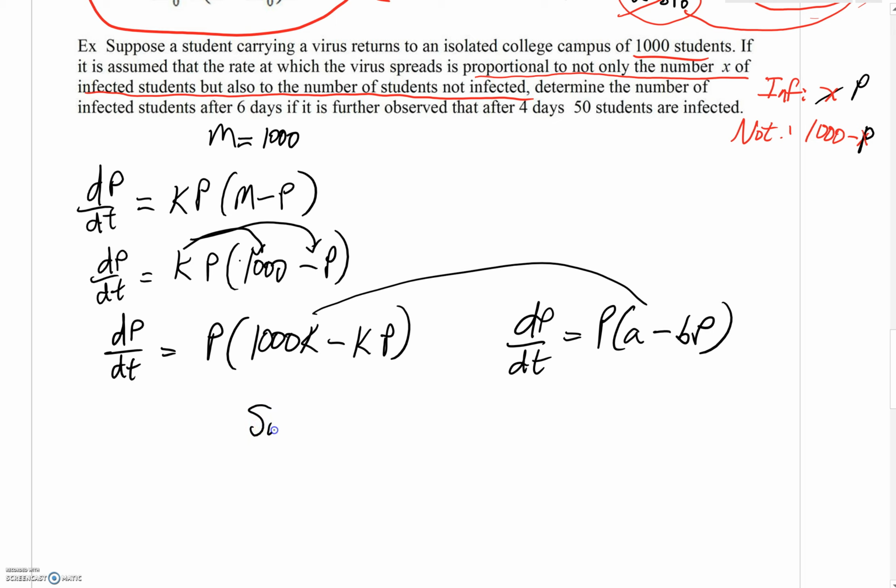You can say, so this would mean that your A is equal to 1,000 K. It means that your B, the number in front of P, is going to be a K. And by the way, what we're assuming in this problem is an infected student comes in, so your beginning number of infected people is just a 1.